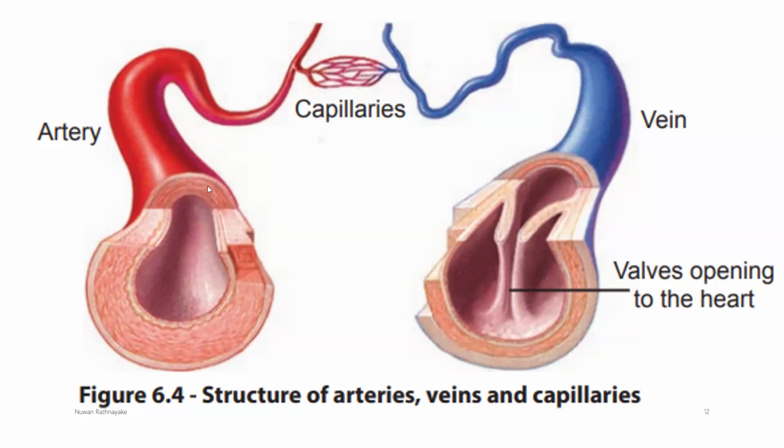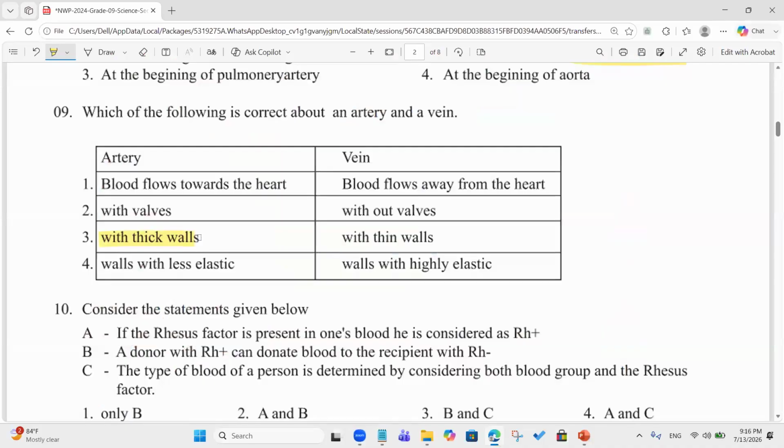Arteries are elastic, but veins are less elastic. And there are valves found in the veins, no valves in the arteries. So these are the structural features. Okay, so what is the answer? Third one is okay, with thick walls, with thin walls.